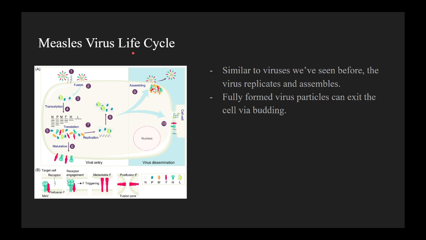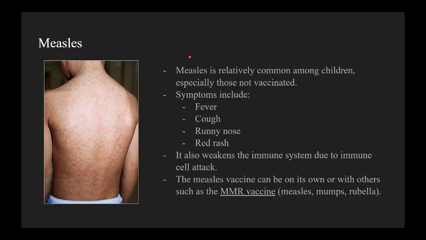And the life cycle is pretty standard to what we've seen in the past. And then, of course, the fully formed virus particles, once they're translated and then assembled together, can exit the cell via budding. And so measles is pretty common among children, especially those that aren't vaccinated, because there is a simple fix to the spread.